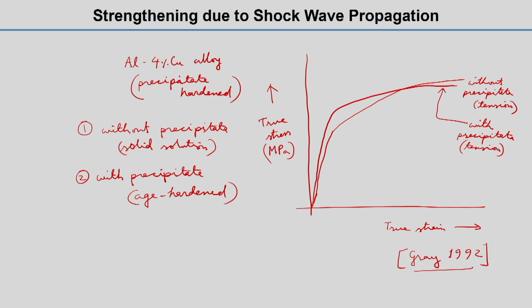So, now what we will do, I mean what the publication shows, is that there is some shock loading. If we do two cases, the first case is this one, with precipitate, in shock loading, shocked at 5 gigapascal.